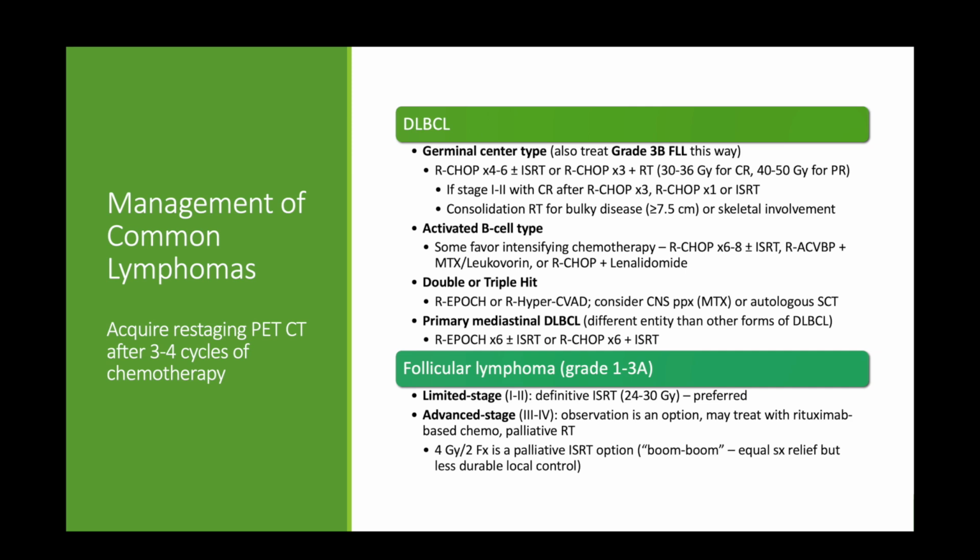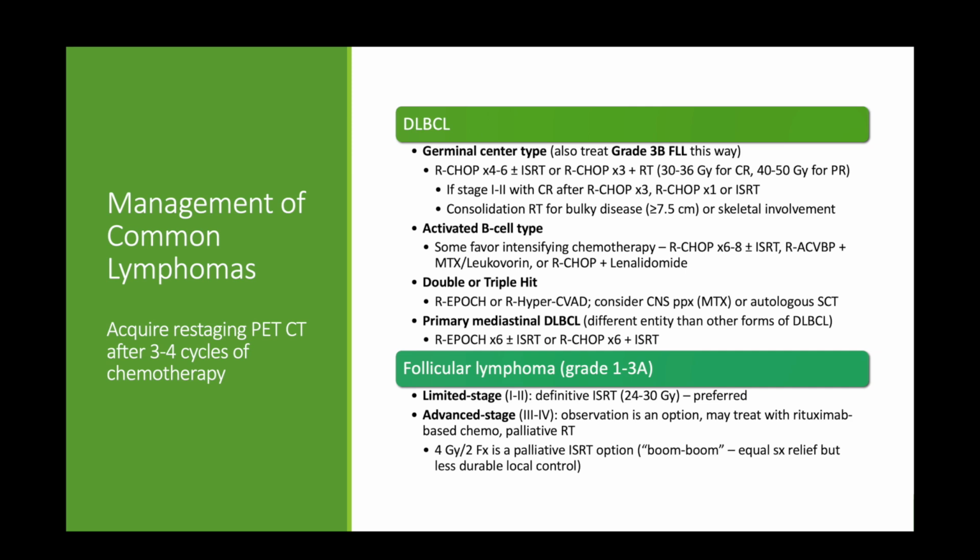So here on this slide, I've kind of outlined the management of two of the most common lymphomas that we see, DLBCL being our most common aggressive lymphoma, and then follicular lymphoma, which is our most common indolent lymphoma. So with DLBCL, I think the trend is very similar to what we saw with Hodgkin lymphoma, where the use of radiation in general has been declining, especially with more effective systemic therapies.